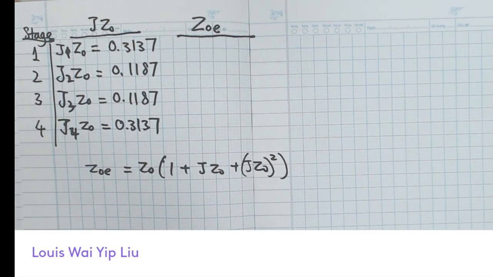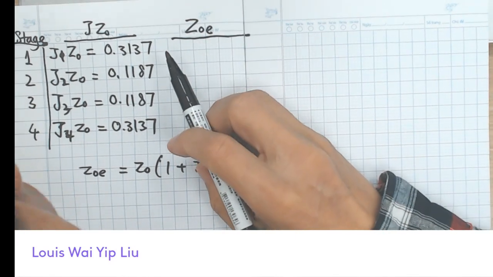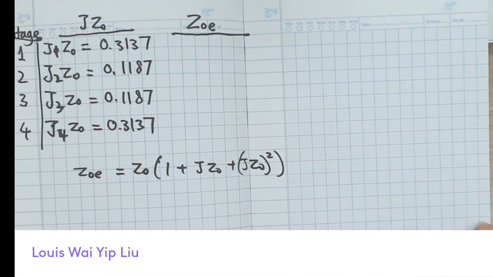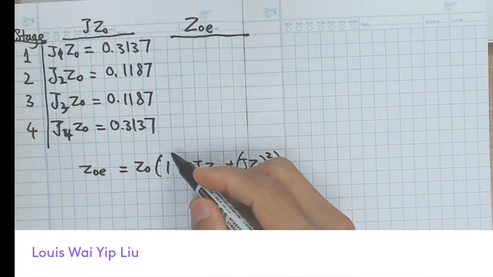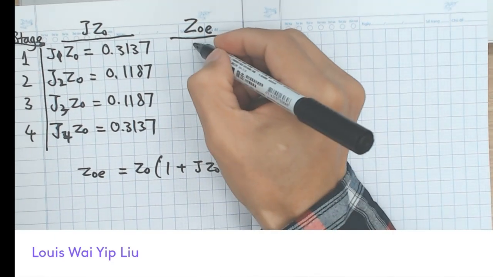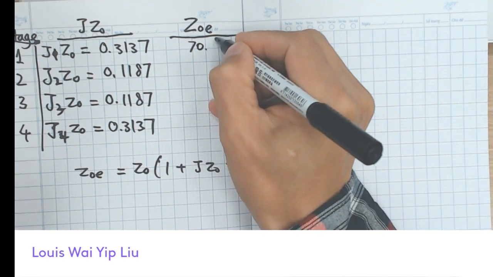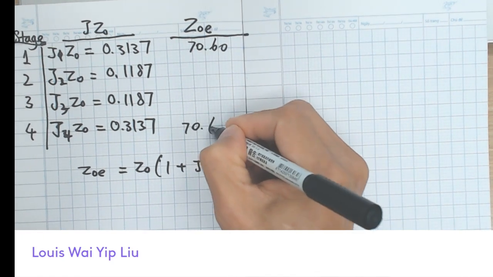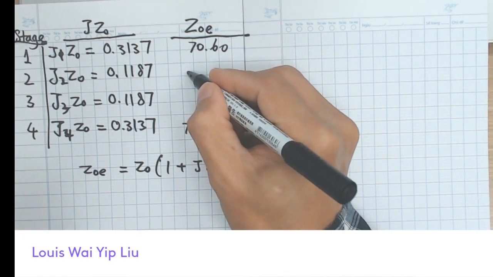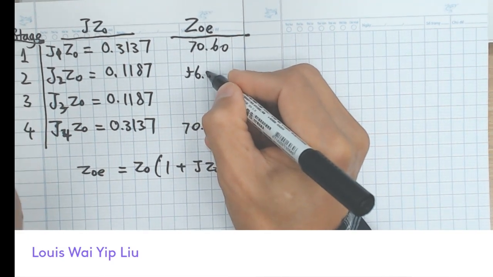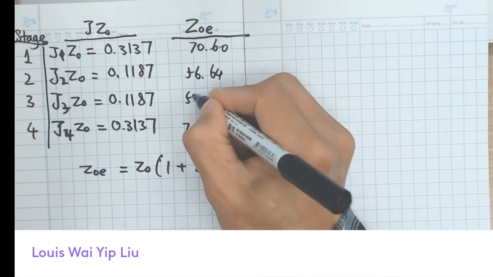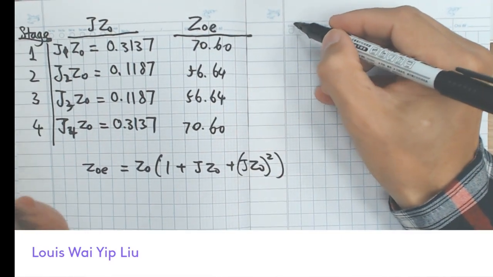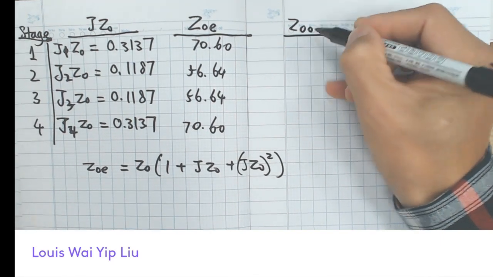So according to my calculation, we got 7.60, and this one is 7.60, and this one is 56.64 and 56.64, and we can do the same for the odd mode impedance.